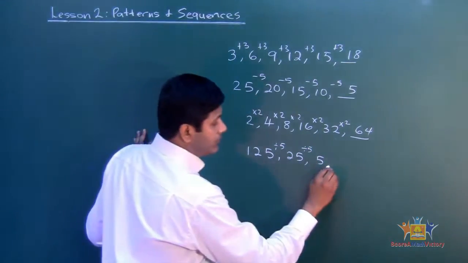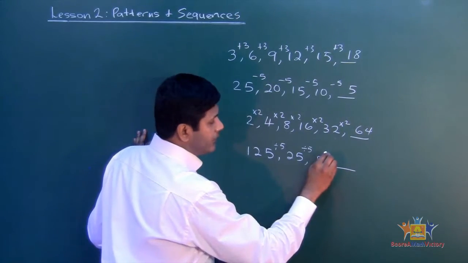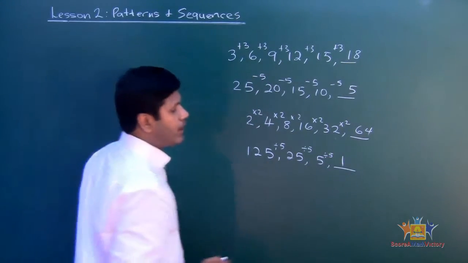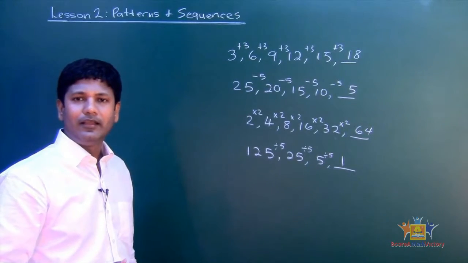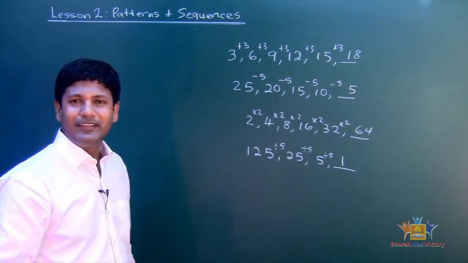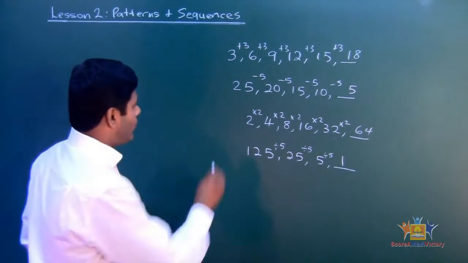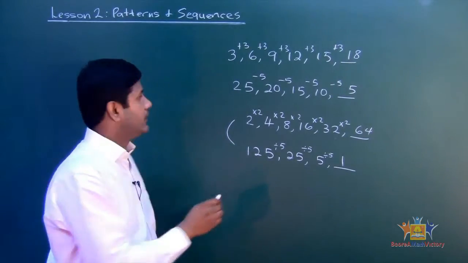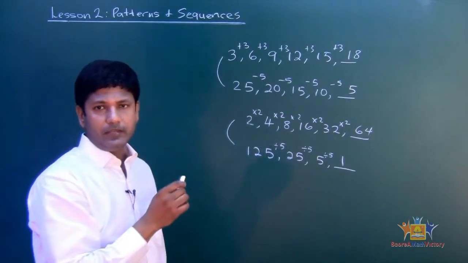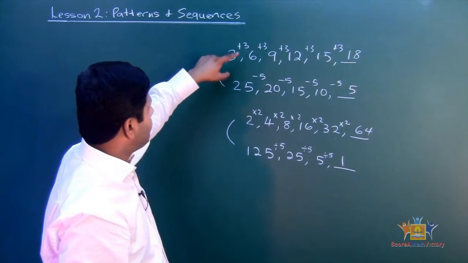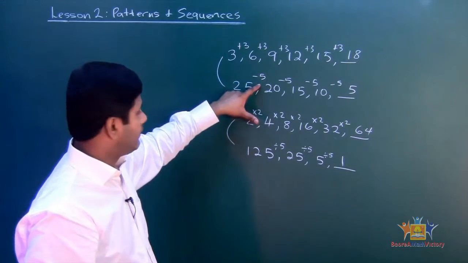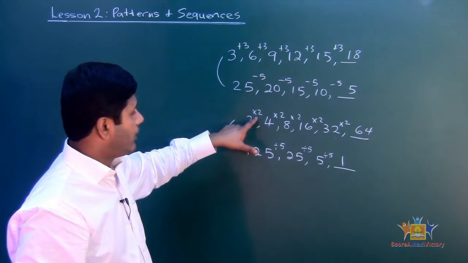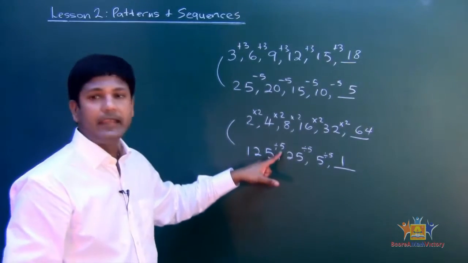And so what will be the next number? Exactly, 5 divided by 5 is 1. Isn't that awesome? Pretty easy, isn't it? So this is called a geometric sequence, and this is called an arithmetic sequence. Arithmetic involves addition and subtraction. Geometric involves multiplication and division.